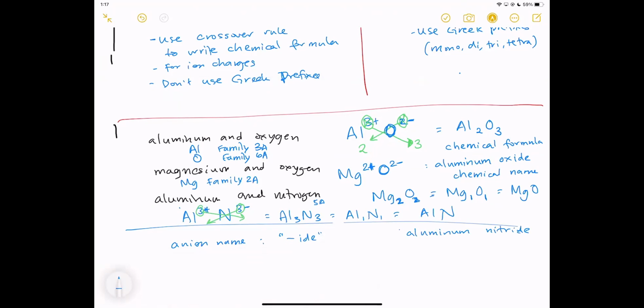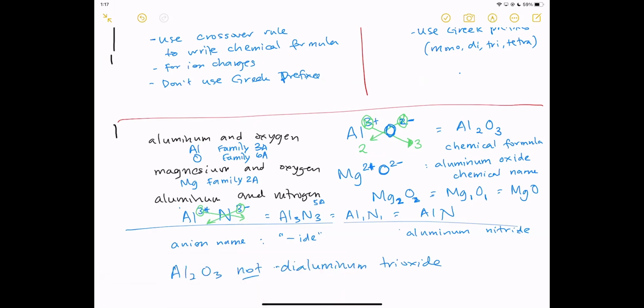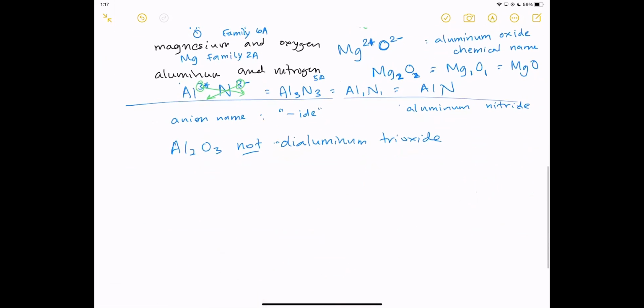Okay, so notice that Al2O3 is not named dialuminum trioxide. Why is it not named that? Because those are Greek prefixes, and you don't get to use Greek prefixes when you are talking about ionic compounds.